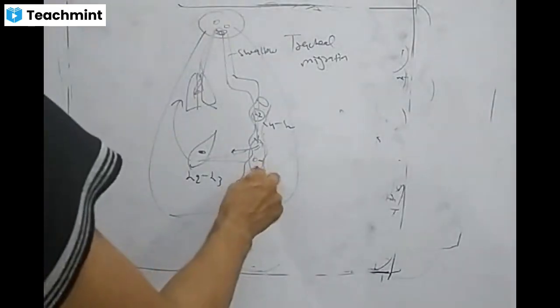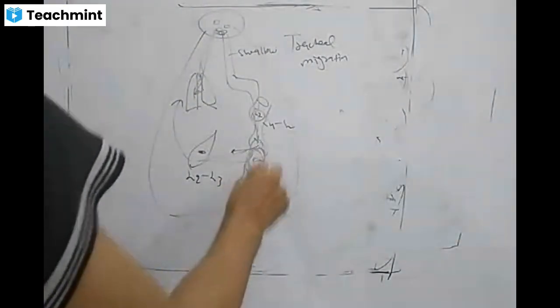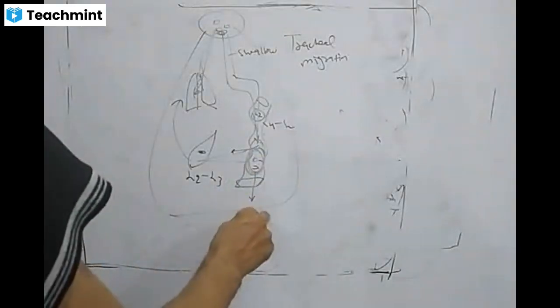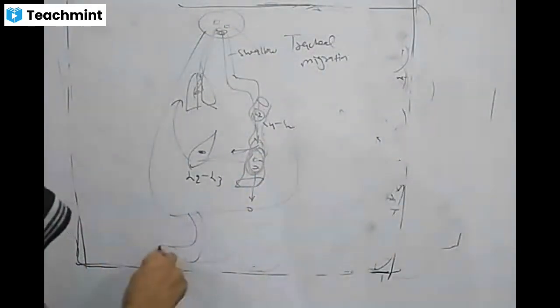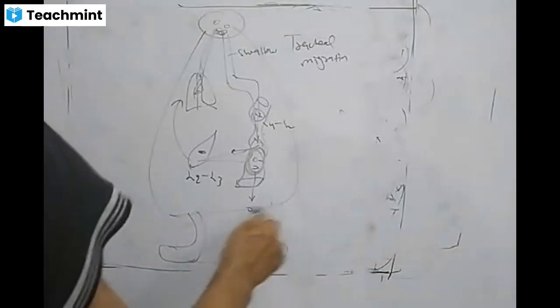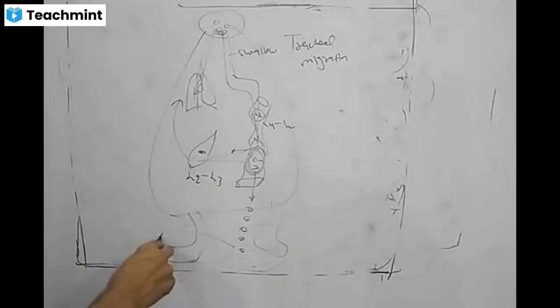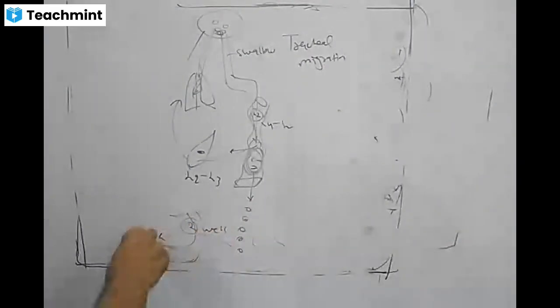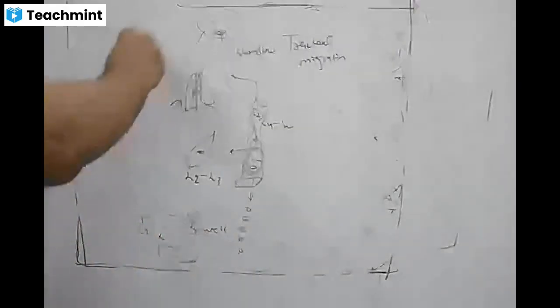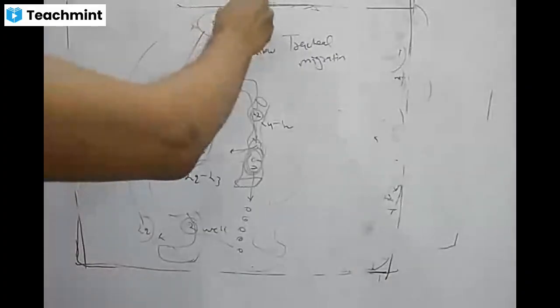This is your adult worm sitting in the small intestine, keeping on excreting eggs in the stool. These eggs take 2 weeks and they become L2. That L2 again enters the pig. This is the pig.